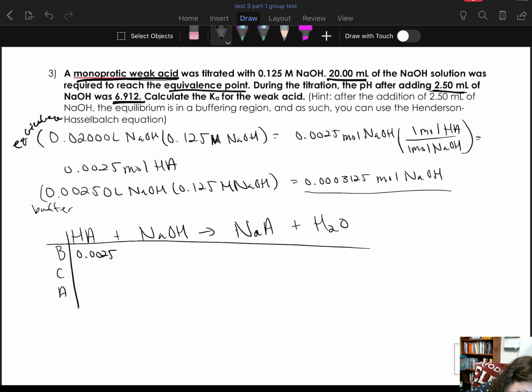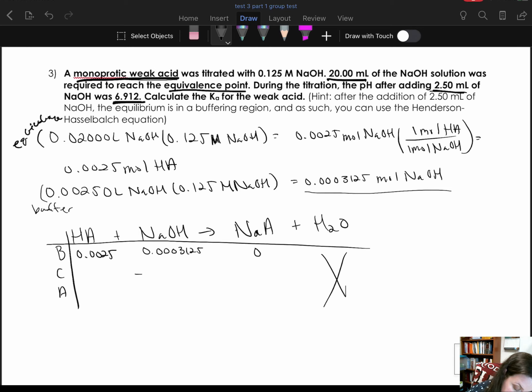And after adding in 2.5 milliliters, I had 0.0003125 moles of my sodium hydroxide.